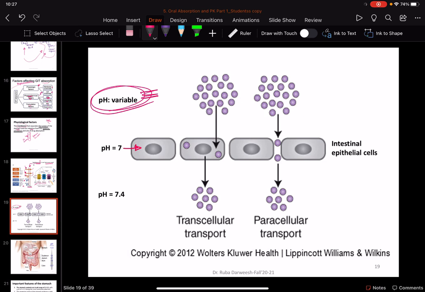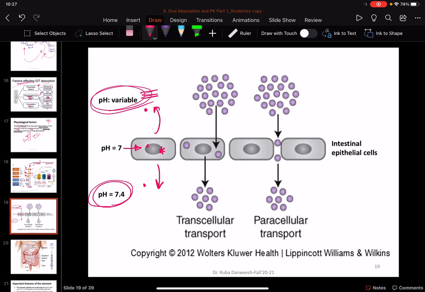Even the cellular pH is usually 7, while the physiological pH of the systemic circulation is 7.4. So we know that changes in the ionization of the drug between different compartments, or different sides of the membrane, would affect the status of the ionization. And if the status of ionization is different, then the absorption of the drug would be different.